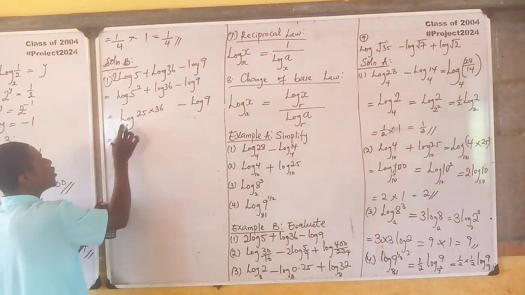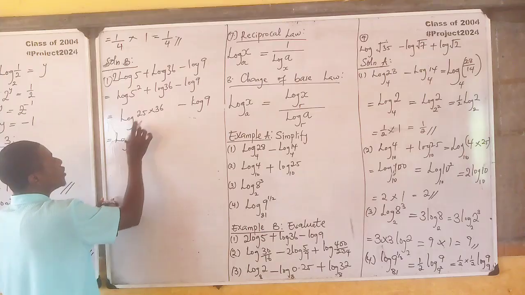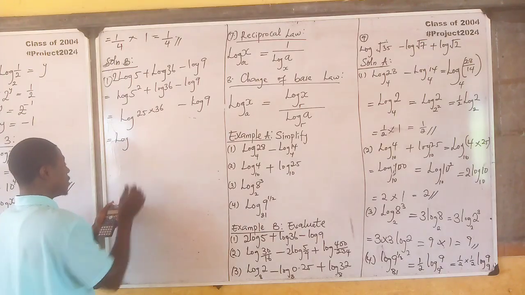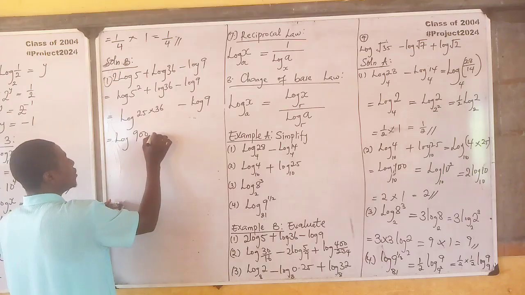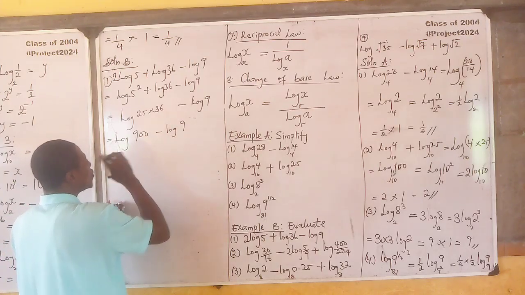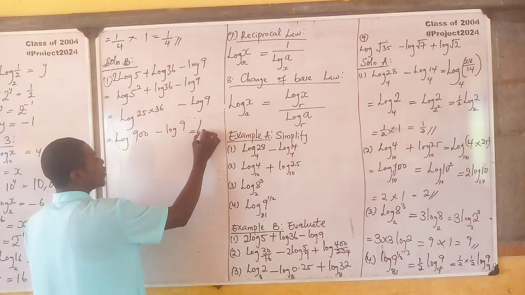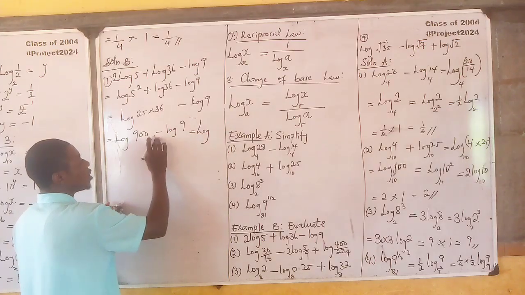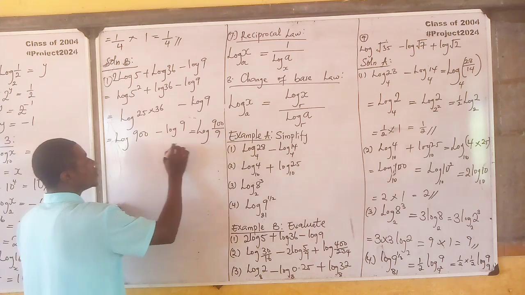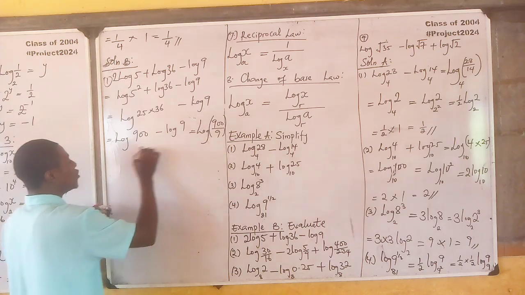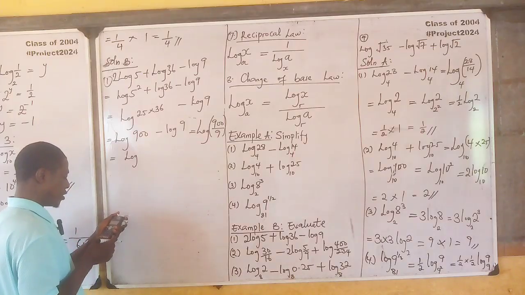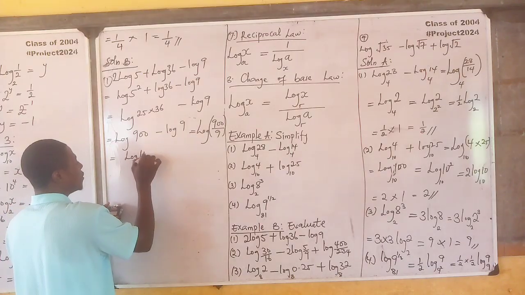So this is going to be equal to log of 25 times 36, which is 900, then minus log of 9. Pick one of the logs again. Since it's subtraction, now I'm going to be dividing 900 over 9. If you divide this, you are going to have log of 900 divided by 9, which is 100.